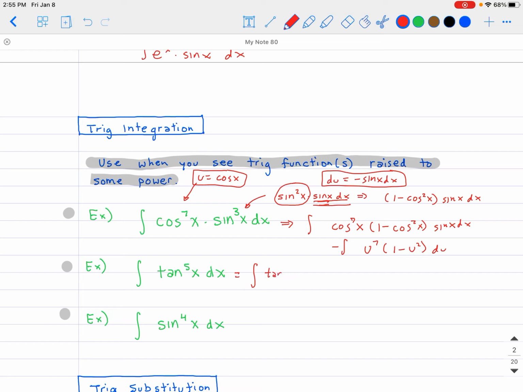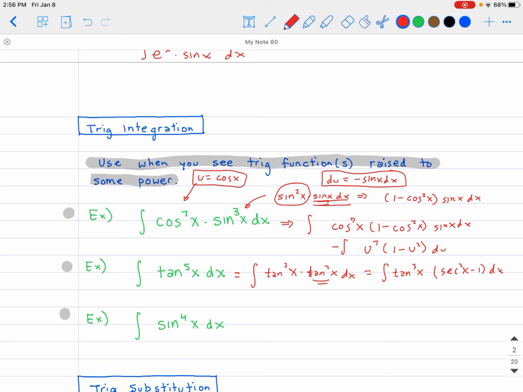And the best way to do that is to take out a tangent squared. So this tangent cubed x, we also have the part that I'm going to change, which is going to be the tangent squared x dx. So take this guy right here and change it. So we have tangent cubed x, and then we have tangent squared, which is now the same thing as secant squared of x minus 1 dx.